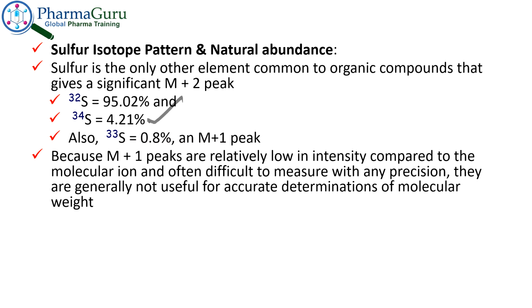It also gives sulfur with atomic mass 33, 0.8 percent, and an M plus 1 peak. It is expected only as M plus 1 peaks are relatively low in intensity compared to the molecular ion and often difficult to measure with any precision. They are generally not useful for accurate determination of molecular weight.